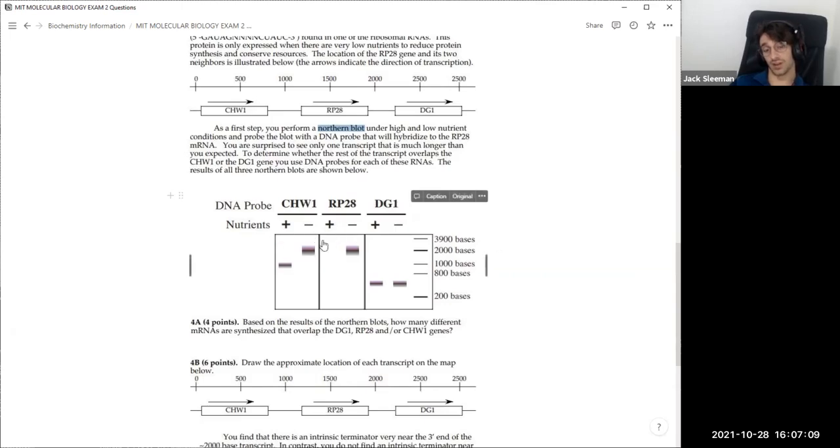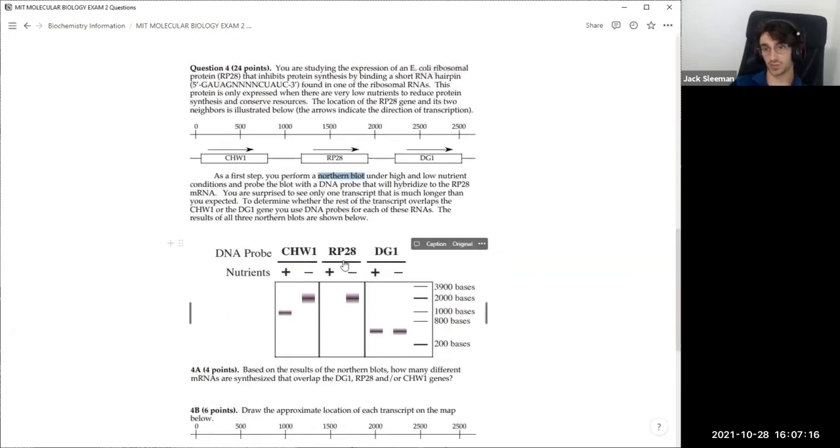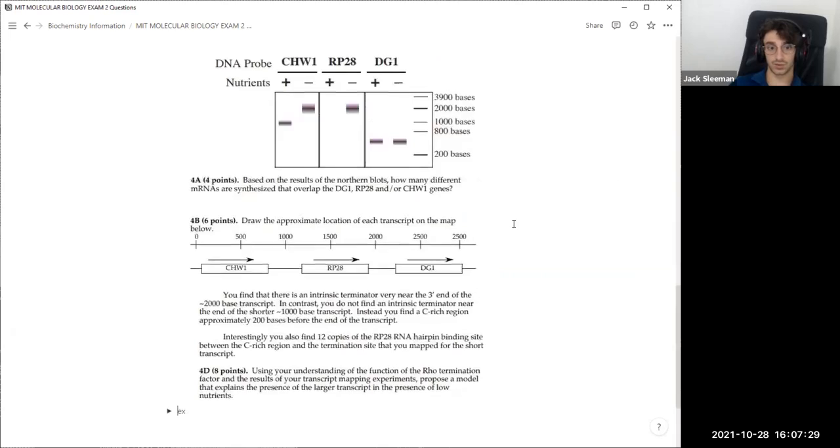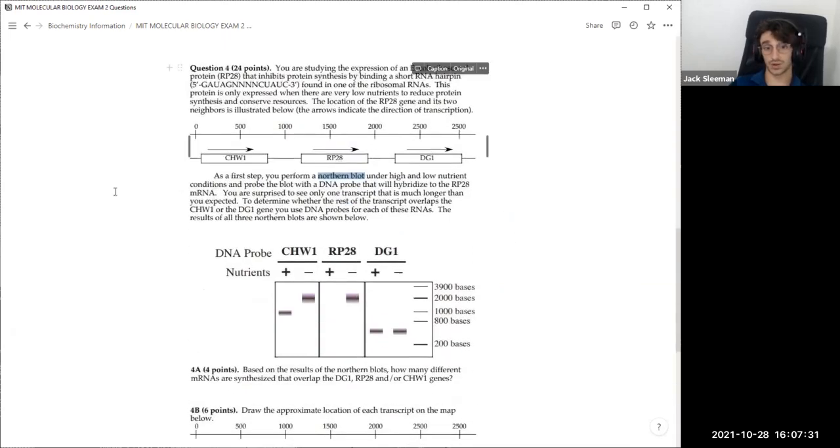And so if we look here, let's look at RP28. It seems like at RP28 there's maybe no promoter region here or something like that. The expression of this seems to be controlled basically by the promoter here. So to get RP28, you have to start the transcription here.